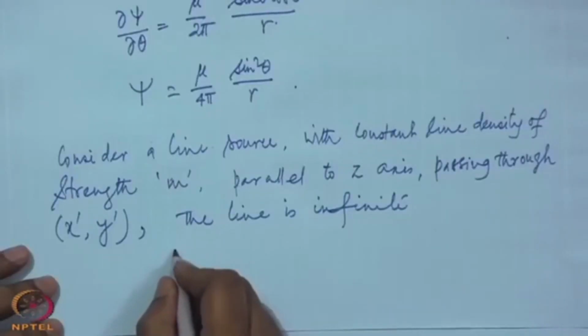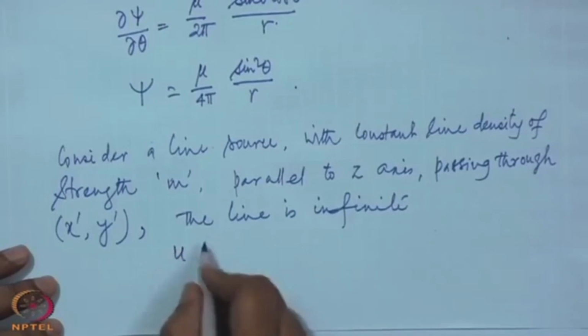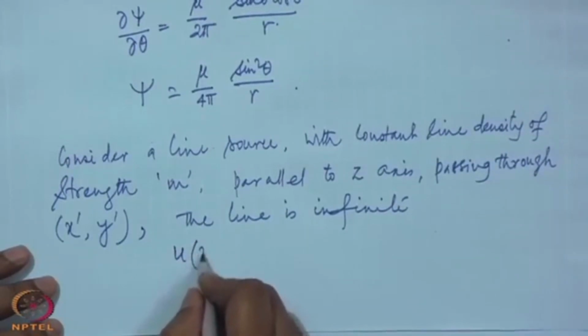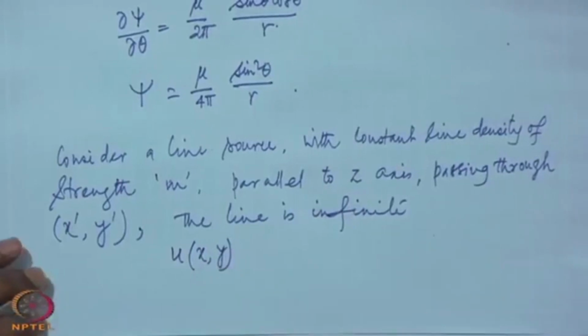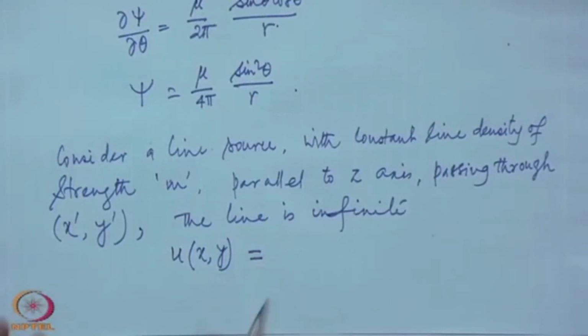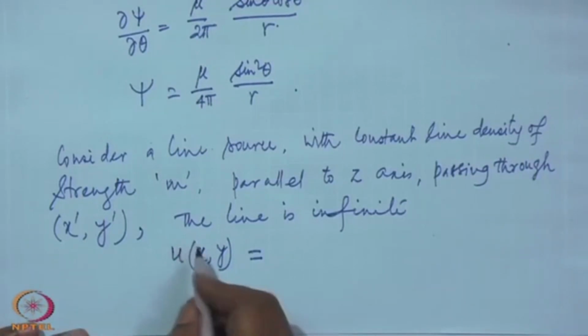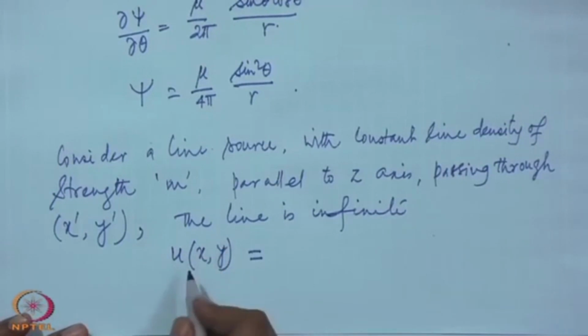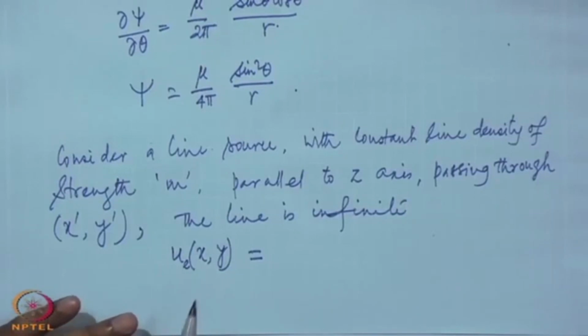So, the u component, let us write now in component form, not in vector form. How much will it be? We will use the same notation u e.